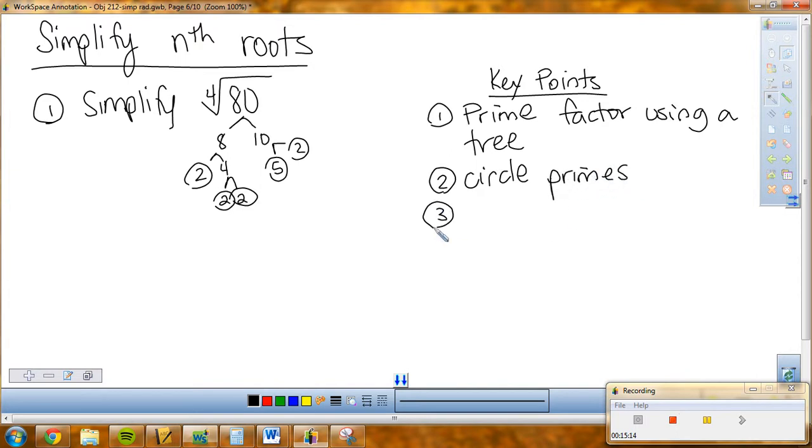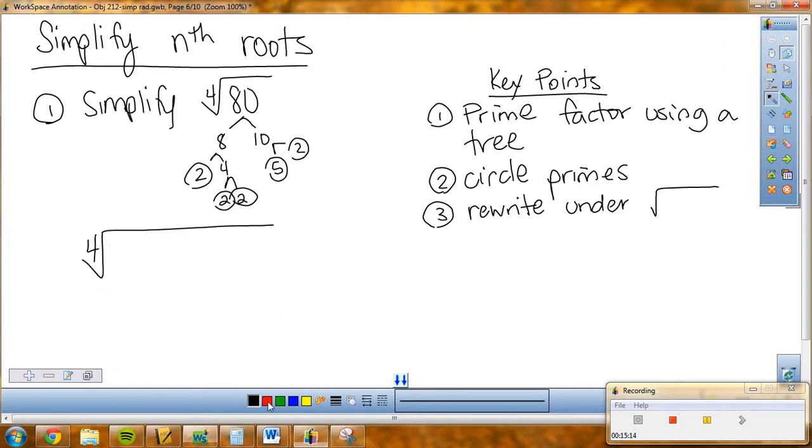Step 3, rewrite under the radical. So here, this is where we have to remember the 4 has to be in our index. Right? So that's a really common mistake.